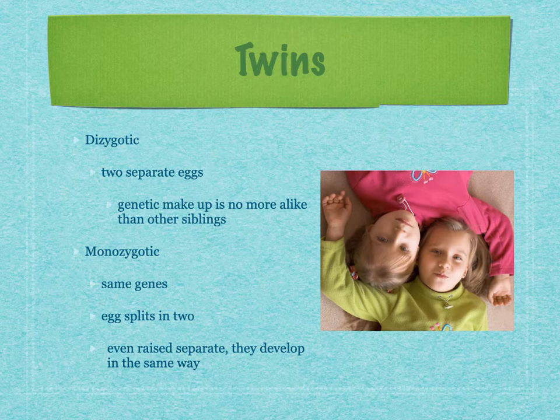Monozygotic means there's one cell, and that cell, the first time it splits in two, we call those identical twins. Those kids are going to have exactly the same genetic code, so those genes are going to be exactly the same. Any differences in those kids are going to come from the environment.